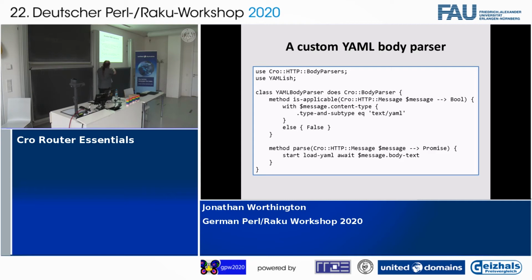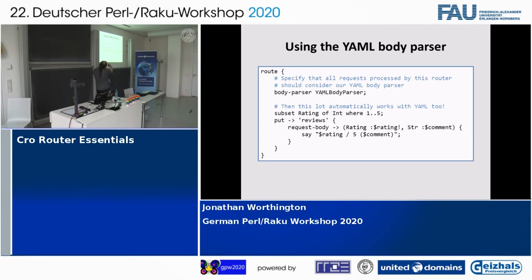Now, because the body arrives asynchronously, you get to do various bits of concurrent stuff in here, and you're actually expected to hand back a promise as well. So what we're saying here is await the text of the body, then feed it into our YAML provider, and do this asynchronously, because you don't want to block up the whole request pipeline on this.